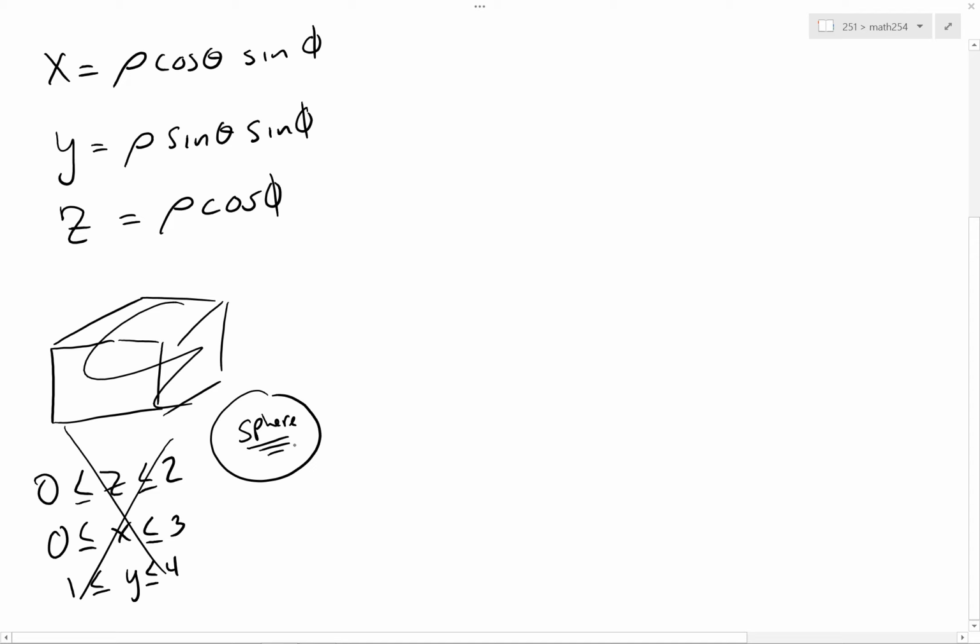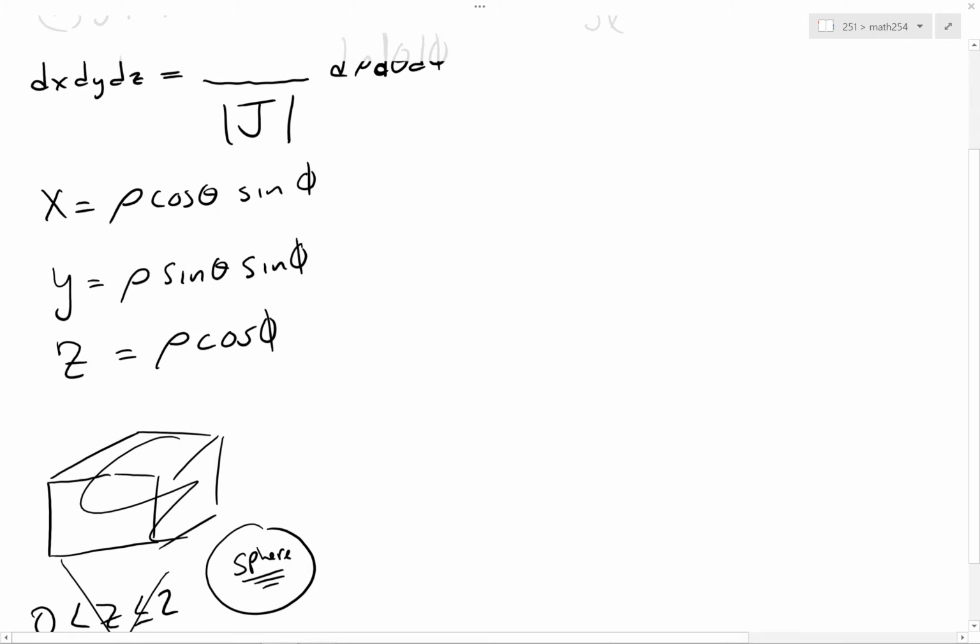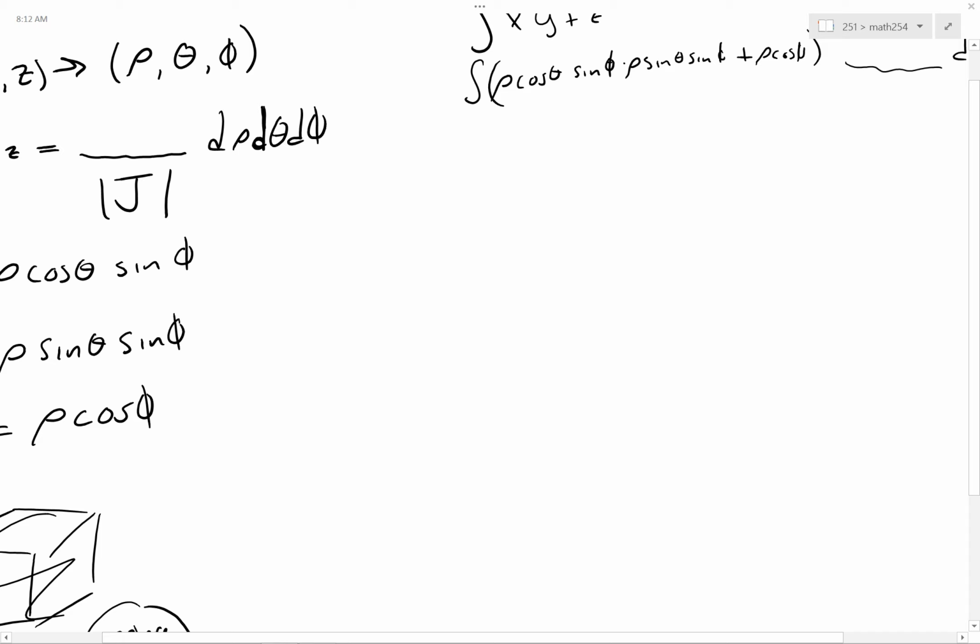And because the thing is spherical, I want to make sure I'm using the appropriate thing, just like with polar form. Okay? So here comes our Jacobian.